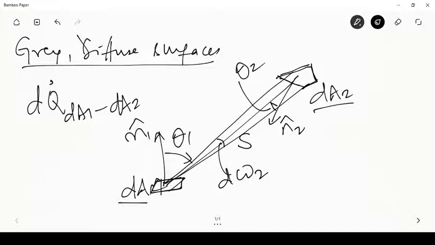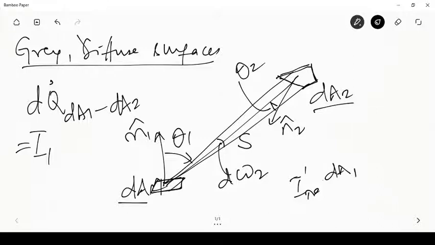So the energy arriving on this will only be the energy corresponding to this solid angle that is coming on this side. So this is going to be equal to I1, which is already integrated over the hemisphere. You remember I lambda E prime, multiplied by dA1.